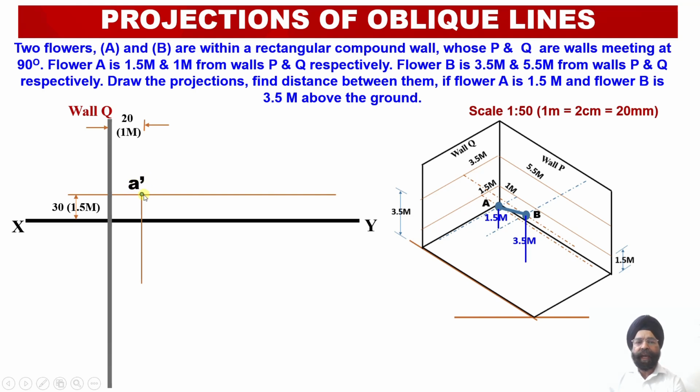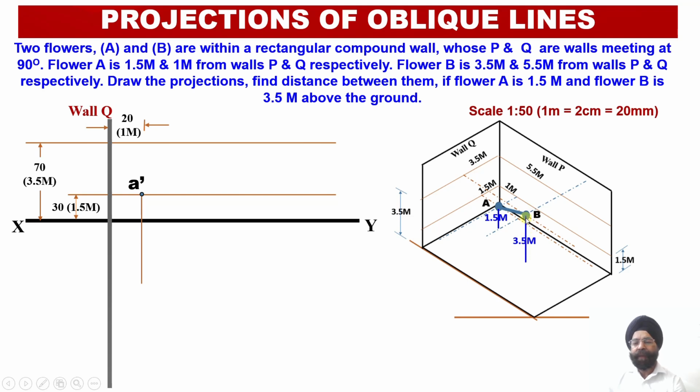And we also know that wherever we have located this point A dash in the orthographic projections, onto the same vertical projection line we are going to obtain the location of the point A in the top view projections over here. Now we also know that the height of the flower B, or the object B, in the space is 3.5 meters above the ground.